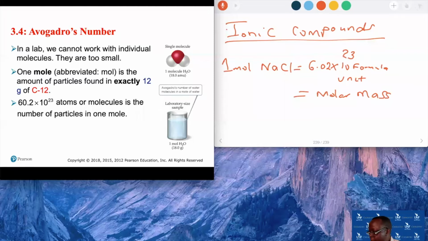The formula unit here refers to ionic compounds. We use atoms or molecules. Now, the word atoms here is used when you are representing an element.